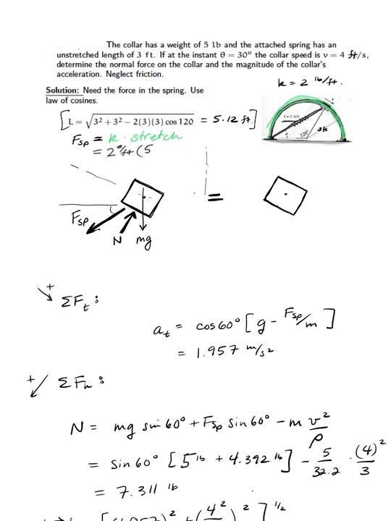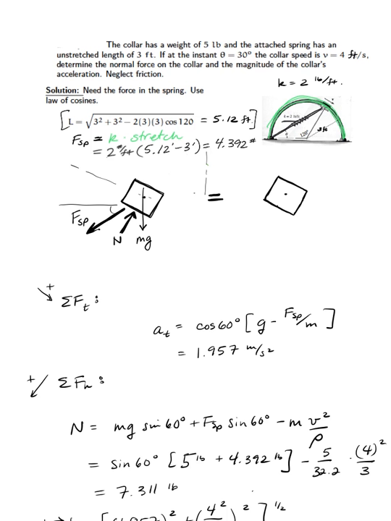We're going to take that current length minus the initial length, and that's going to give us a force in the spring of about 4.392 pounds.